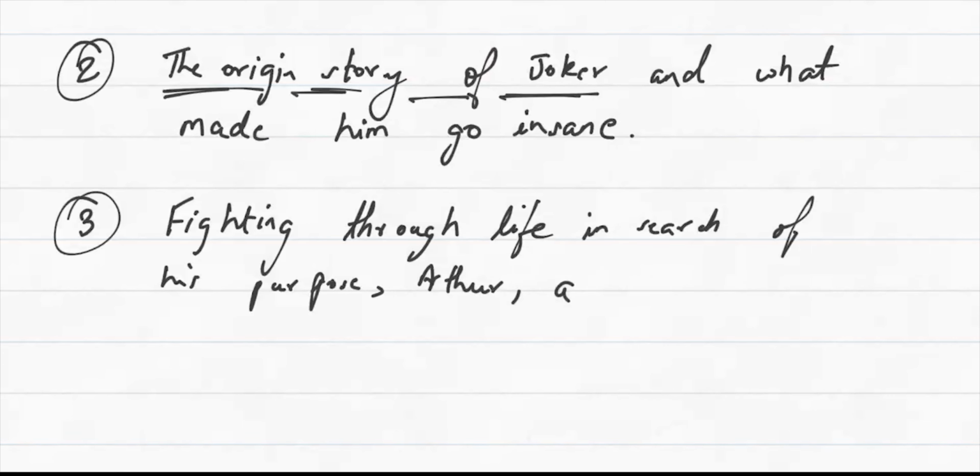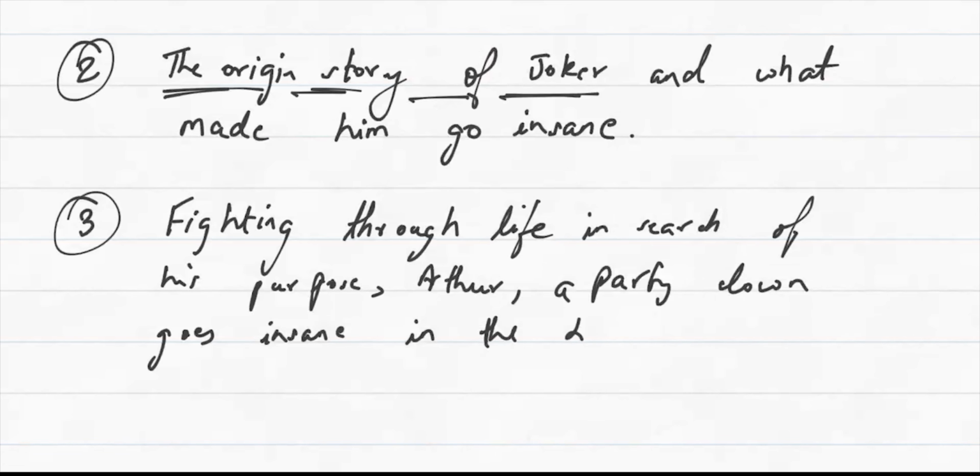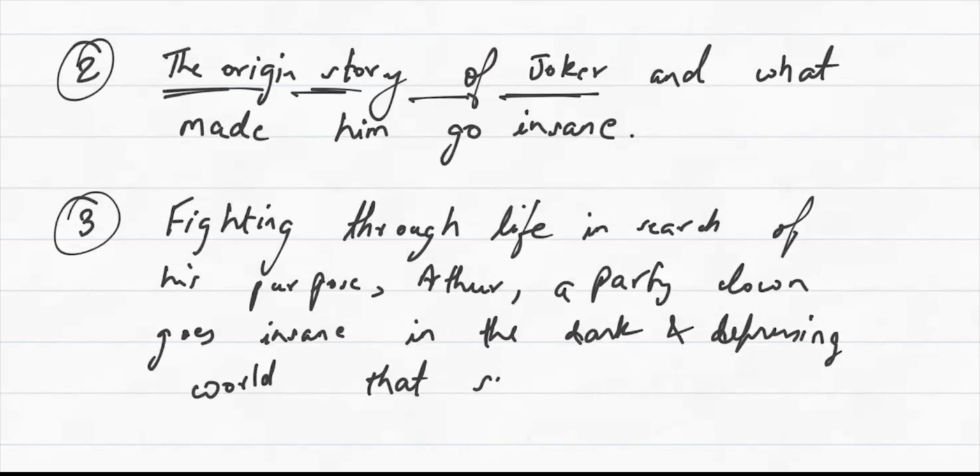Arthur, a party clown, goes insane in the dark and depressing world that surrounds him. Fighting through life in search of his purpose, Arthur Fleck goes insane day by day in the dark and depressing world that surrounds him.